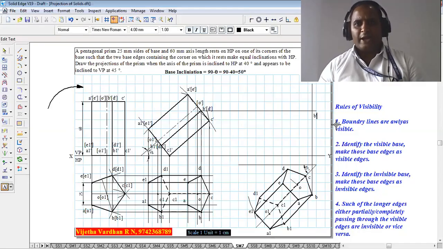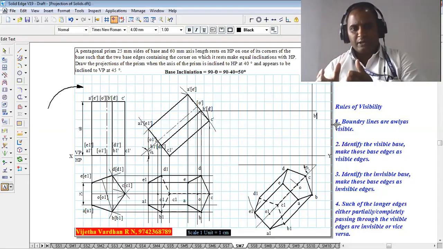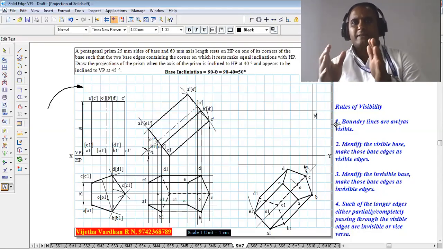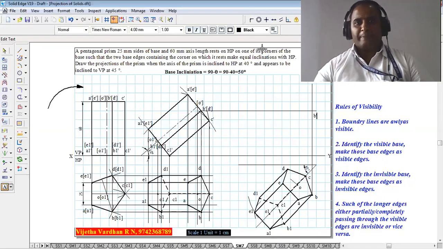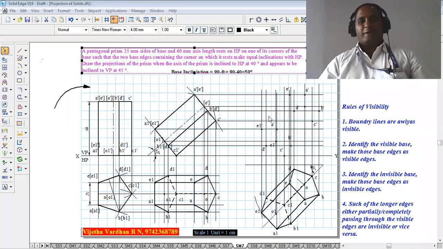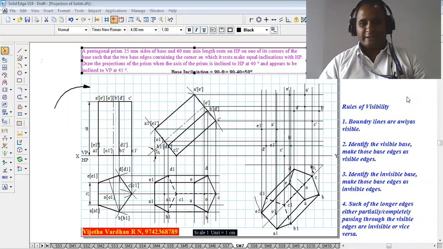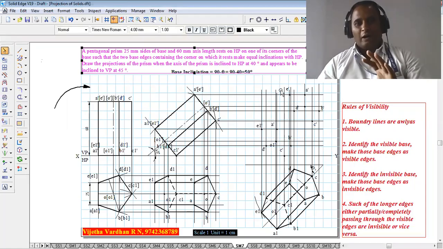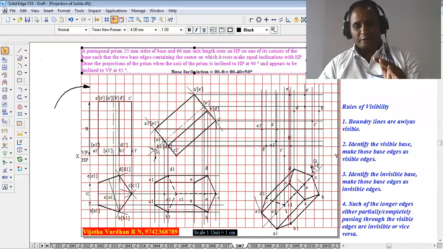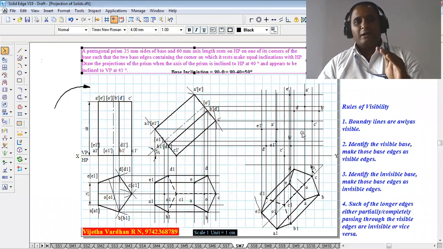In the same fashion, we have to draw all the projectors from the front and top views and mark the respective corners, which I am going to show you now. Please do watch it. Yes guys, as I told you, I have completed all the points required. After marking the vertical and horizontal projectors, we have to mark the respective corners, but your patience is most important because the number of lines keeps increasing.